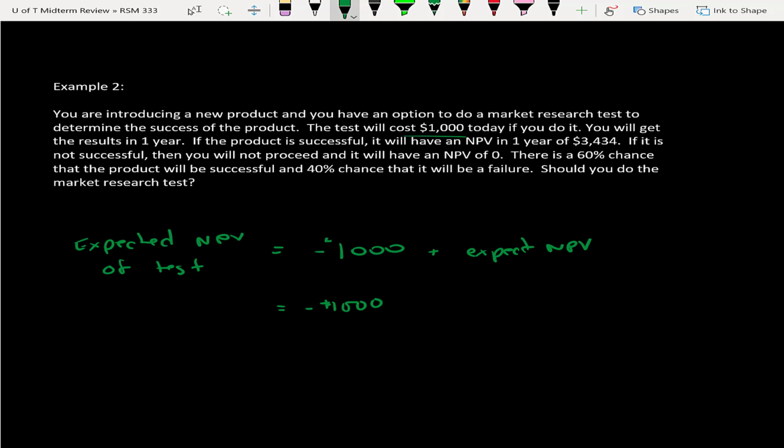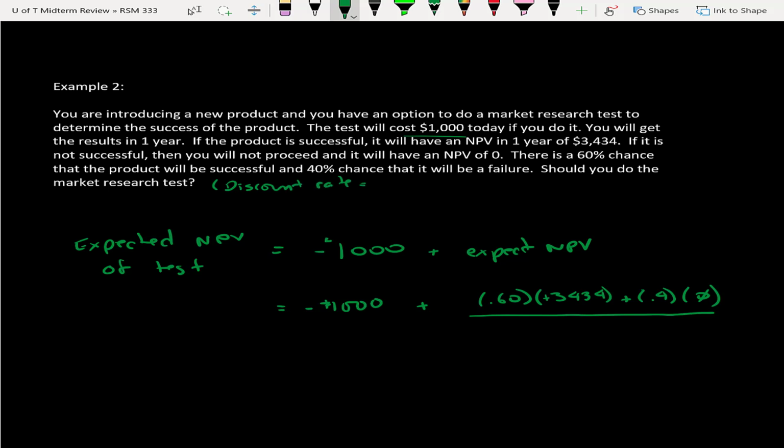The expected NPV is going to be a 60% chance that it's positive 3434 and a 40% chance that it is going to be 0, that you get a negative. But this is 1 year from today, so we're going to have to discount it back. And the question didn't state it. It should state that it's, let's say that the discount rate is 10%.